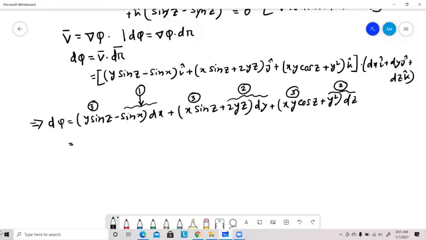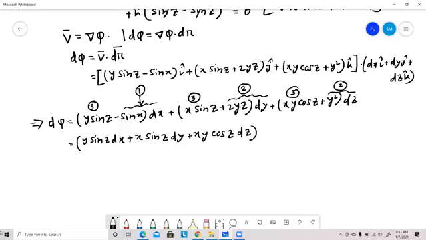So now if we accumulate these terms, say y sin z dx plus x sin z dy, then xy cos z dz. So these are three variable terms.